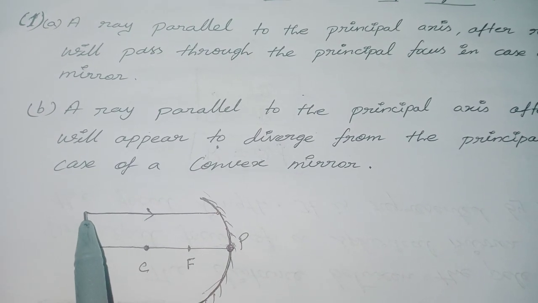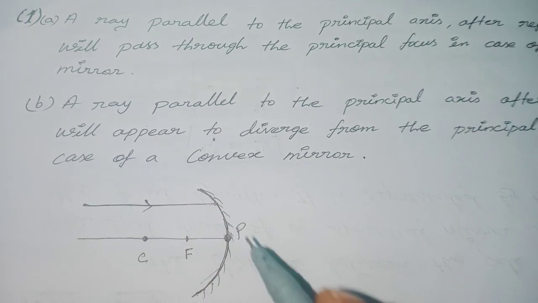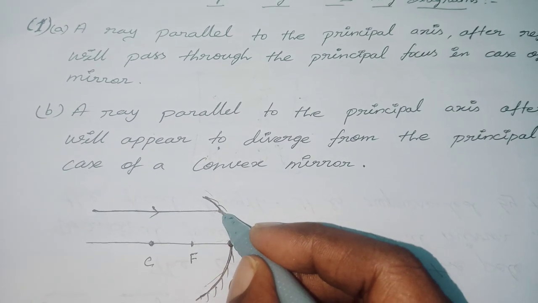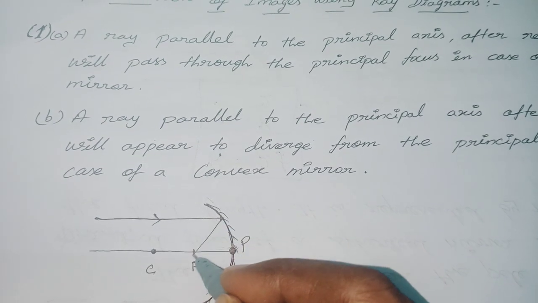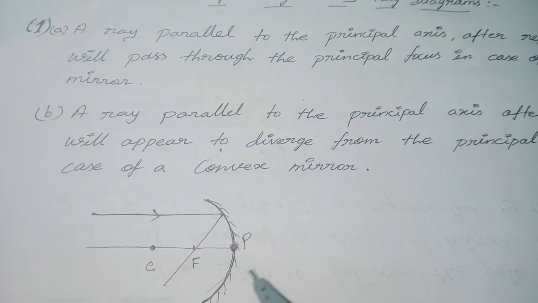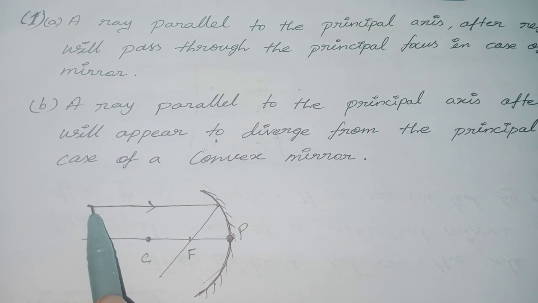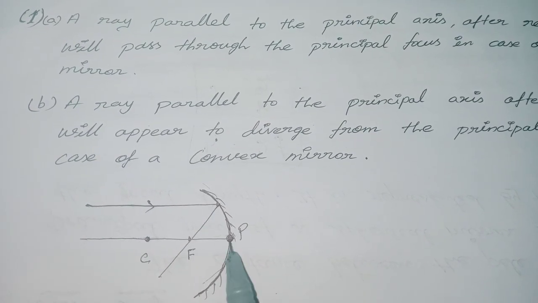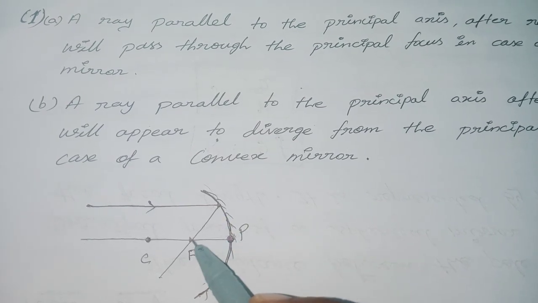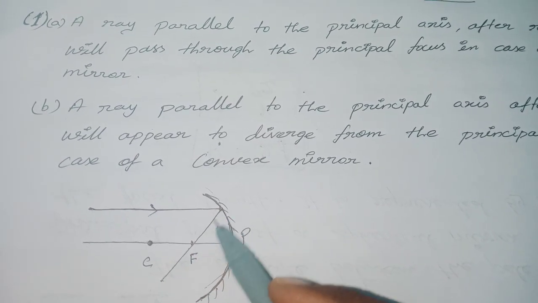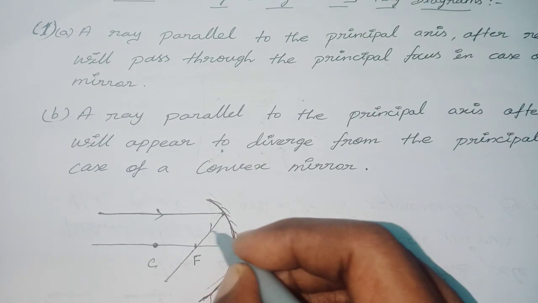When the incident ray is parallel to the principal axis, after it gets reflected, it has to pass through the principal focus. That is the rule. So this is the reflected ray. Is it clear, children?